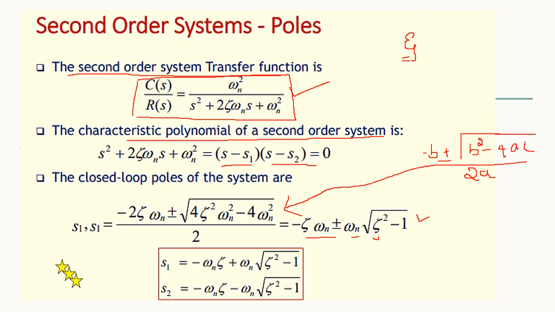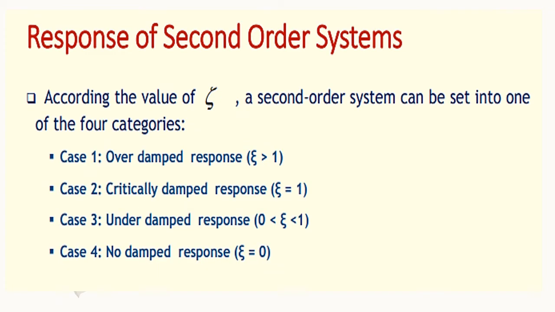Now this is a very important root for understanding second order system, for understanding damping. Zeta is a very important parameter to understand in the second order system.